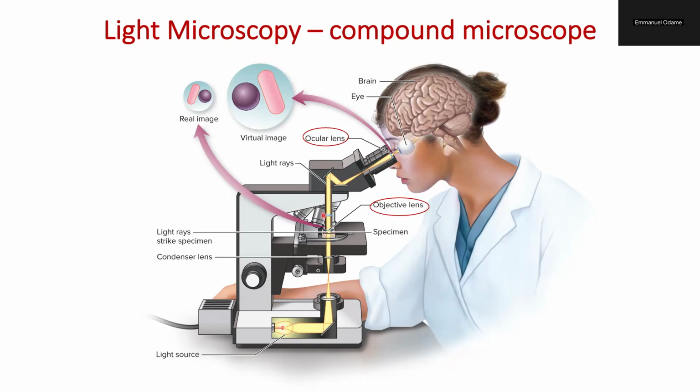The specimen refracts or deflects some of the light rays coming from the light source, and the ones that get diffracted go into the objective lens, and then you are able to see. A raw image is formed here on the platform, but your eyes actually see the virtual image.